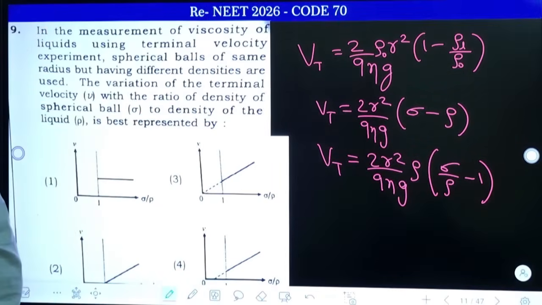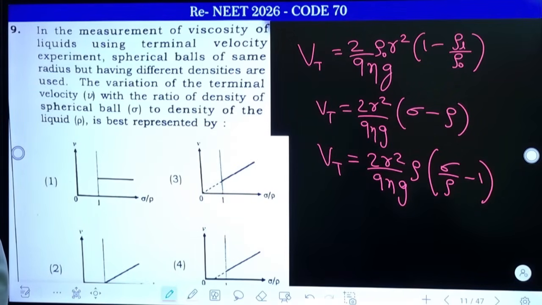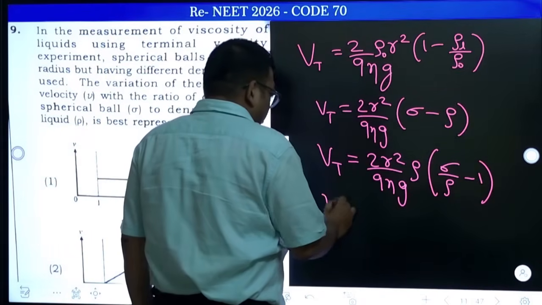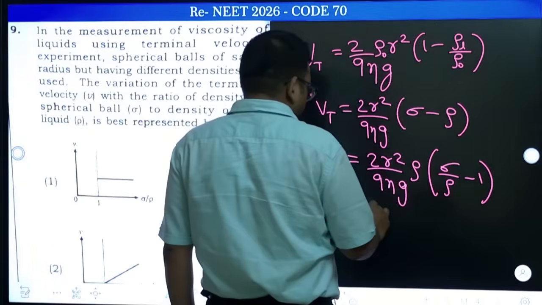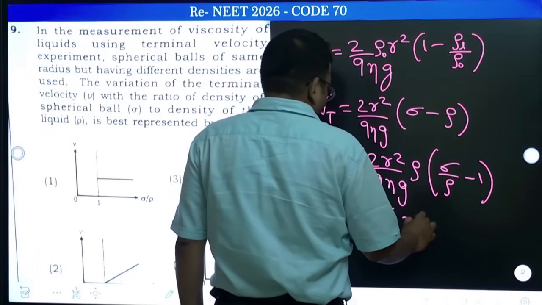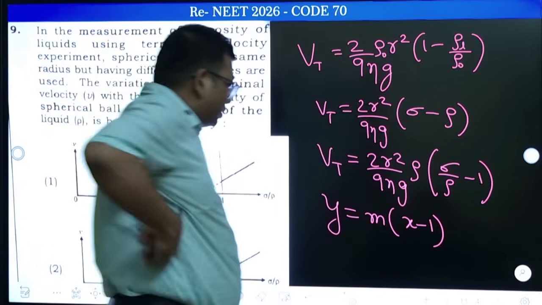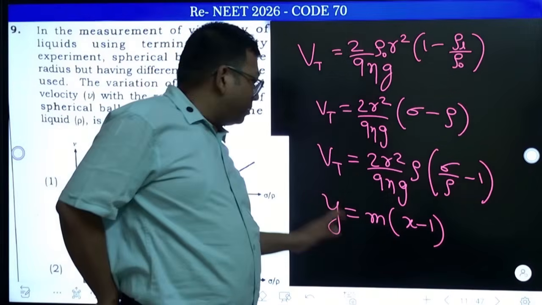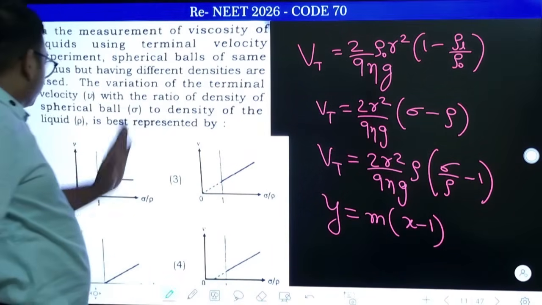Okay. Now they are asking which type of graph it will be. So this is like y is equal to m x minus 1, this type of graph. If I put x is equal to 1, y must be 0. So it should start from that.